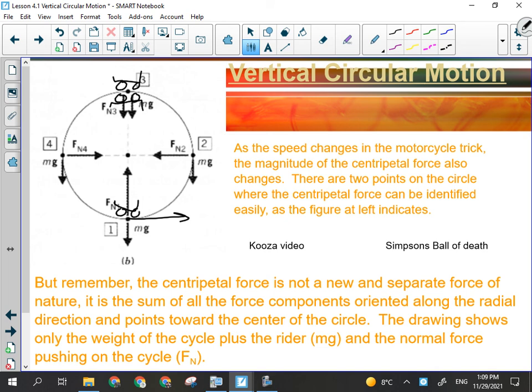And it's got to push harder than this because the net force needs to be into the center of the circle. If it's not, then you won't stay in the circle. Okay, so this is where you would feel the heaviest. You aren't actually any heavier, but you feel heavier because the normal force pushing back on you is way greater than it would be if you were stationary. Does that make sense, everybody?